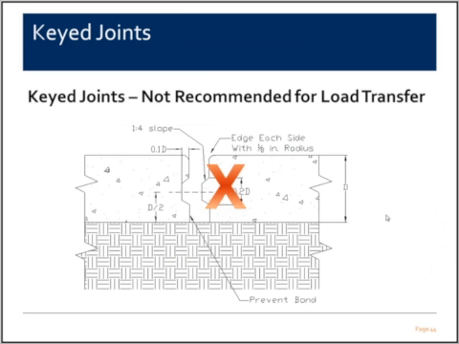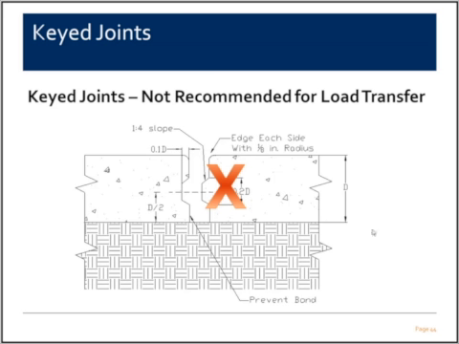Key joints, I haven't seen a lot of key joints recently. I used to run into key joints used for construction joints in the past. I typically do not recommend using key joints as construction joints.